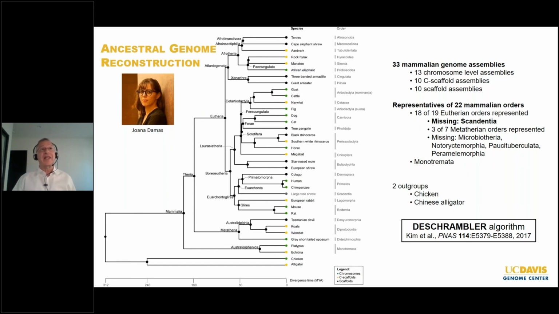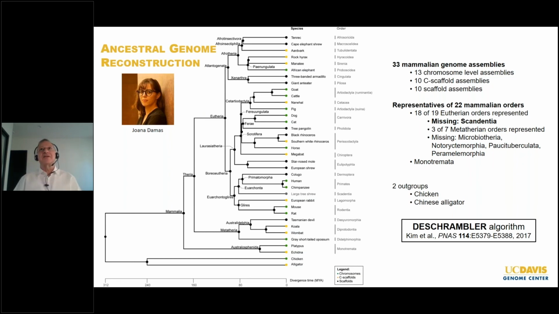It's really the last order that is not clearly resolved in the mammalian phylogeny. So we'll be able to resolve that issue as well as provide a detailed reconstruction of the ancestral mammalian genomes representing all Eutherian orders and most of the marsupial and monotreme orders as well.